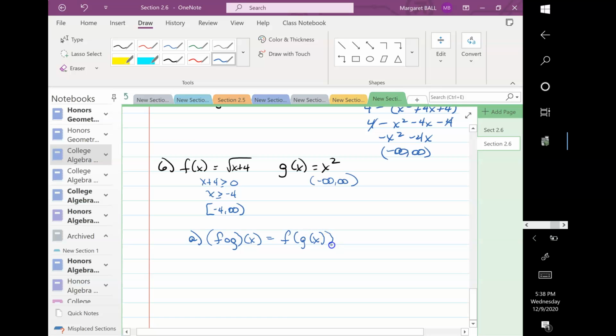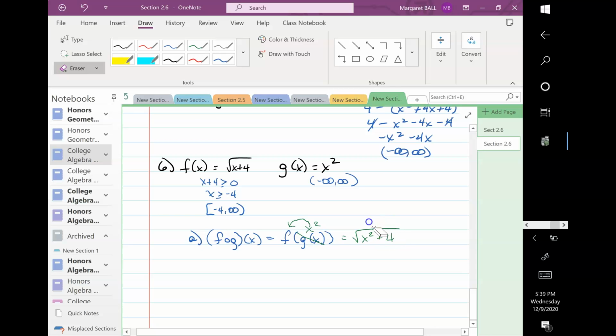Immediately rewrite it. Find g of x. g of x is x squared. Plug x squared into the f function. So plug it in right there. And you get the square root of x squared plus 4.